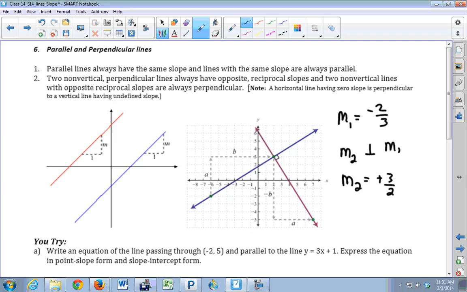And one way you can always check is if you multiply your two slopes, you always have to come up with -1 because they're negative reciprocals of each other. Okay, so perpendicular lines have slopes that are opposite reciprocals of each other, or negative reciprocals.